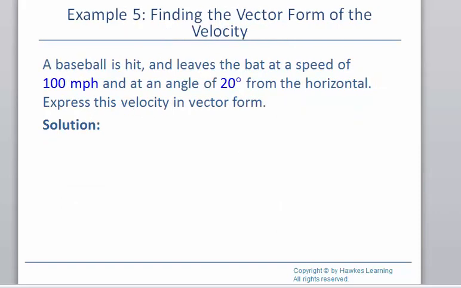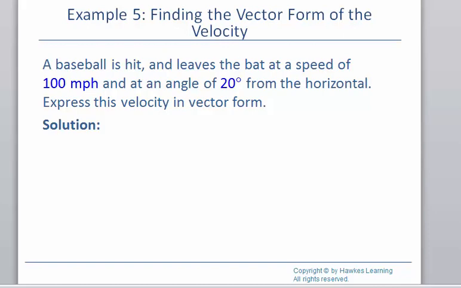Our next example says that a baseball is hit and leaves the bat at a speed of 100 miles per hour and at an angle of 20 degrees from the horizontal. Express this velocity in vector form. In some cases, information about a vector's magnitude and its angle with respect to the positive x-axis is given to us.